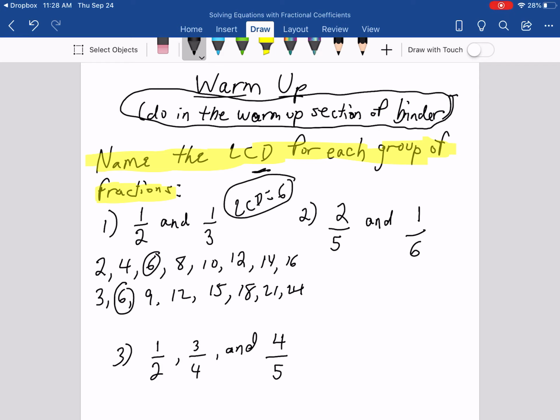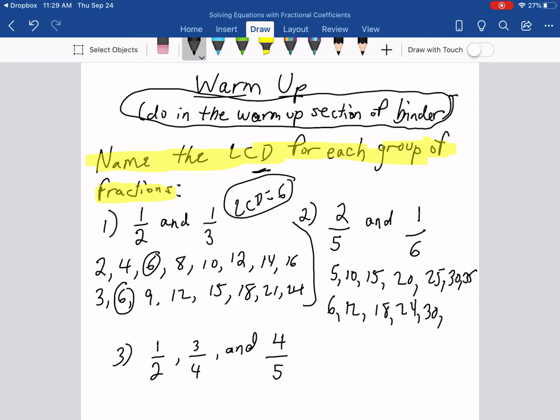All right, so for number 2, again, we don't care about the numerator. We only care about the denominator, what that D stands for. So multiples of 5 go like 5, 10, 15, 20, 25, 30, 35. For 6: 6, 12, 18, 24, 30, 36, 42.